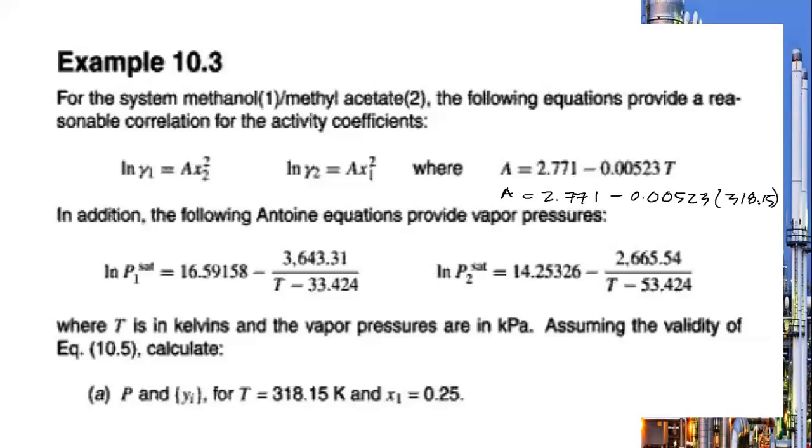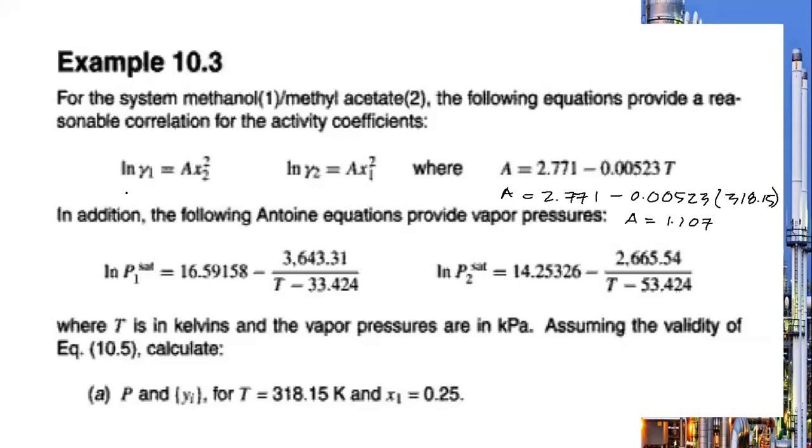Bata pa naman kayo, mabilis pa lahat ang reflexes, energy nyo, mataas pa. Okay? You're supposed to get 1.107. Tama? A is equal to 1.107.